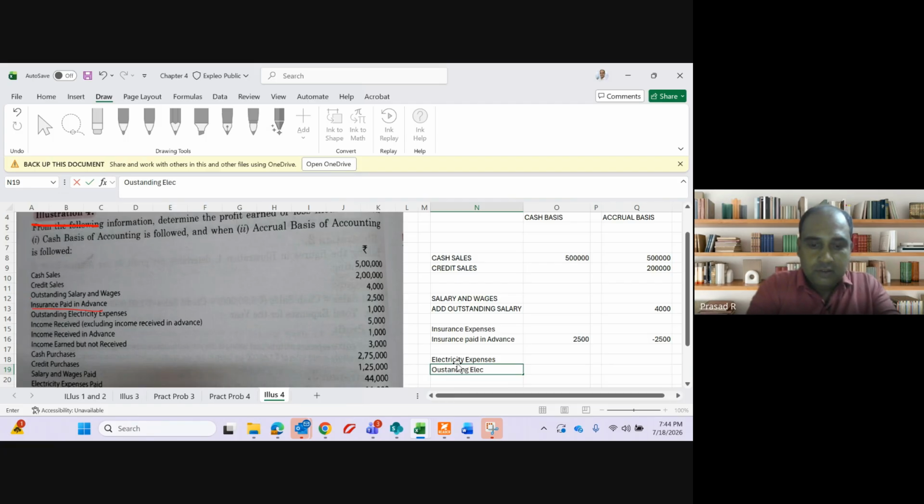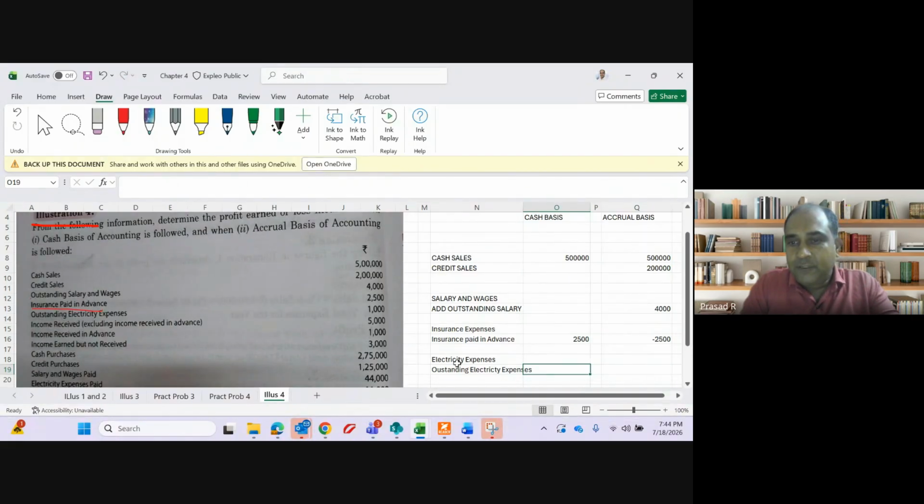If it is outstanding, it will not come in cash basis, but we have to add outstanding electricity expenses.